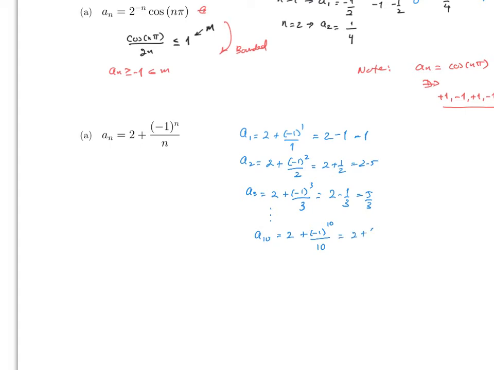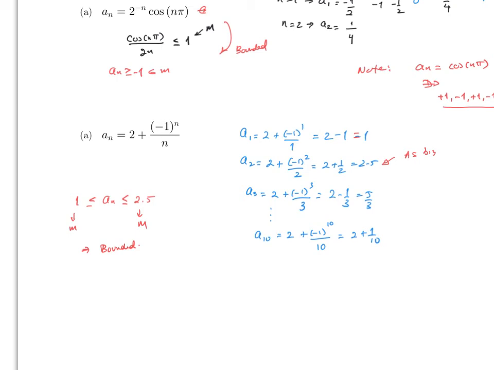So then it will be 2 plus 1/10. But in either case, this is as big as it's going to get. Therefore, we can say that a n is less than or equal to 2.5 and greater than or equal to 1, because this is the smallest it will get. So this will be the lowercase m, and this is capital M. So therefore, this implies this is bounded.